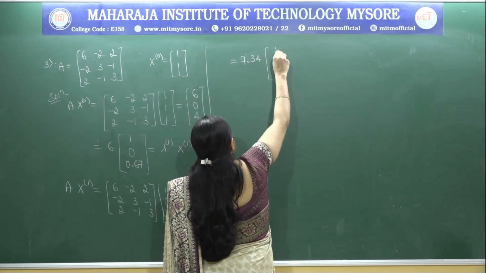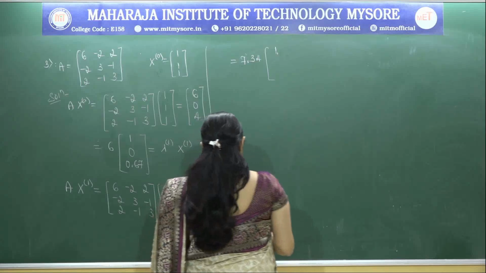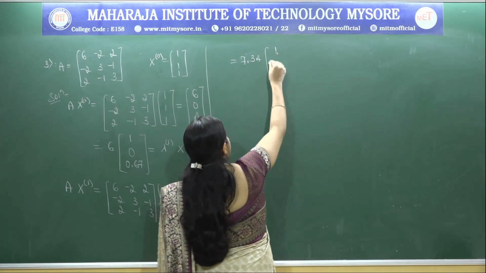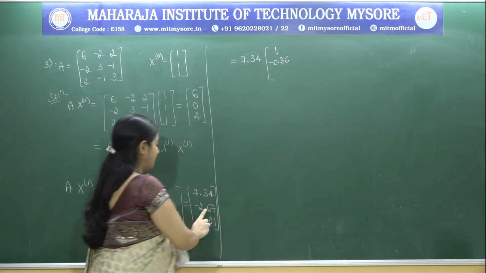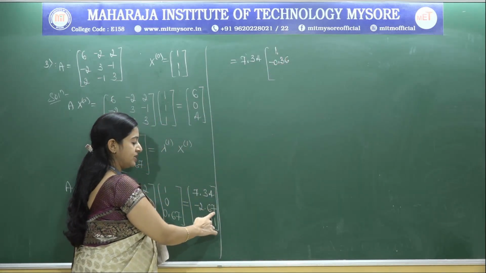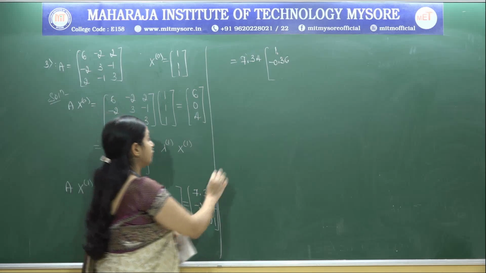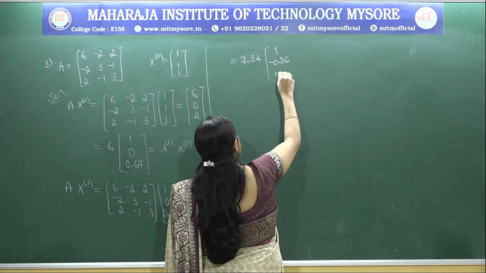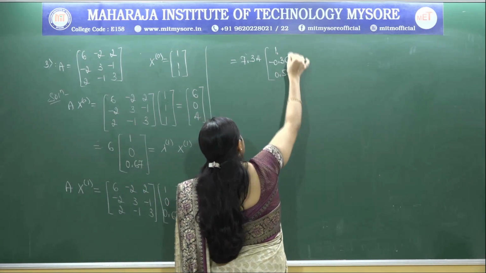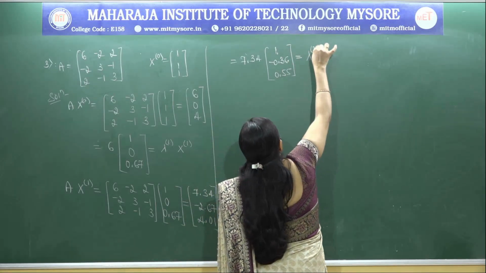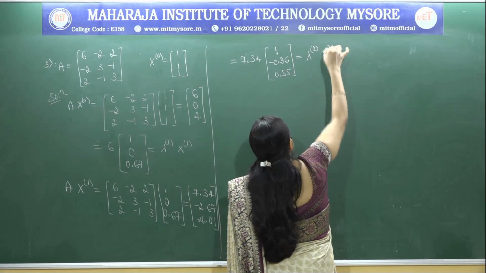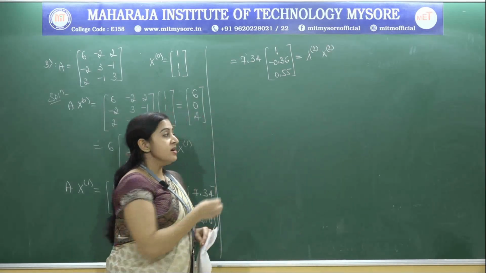So in the first one, you will get 1. Second one, minus 0.36, that is minus 2.67 divided by 7.34. Next one, 0.55 you will get. So take this as lambda 2, x of second iteration.